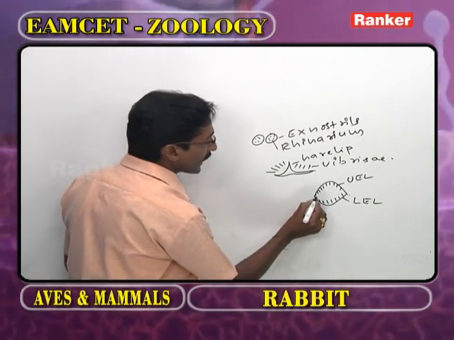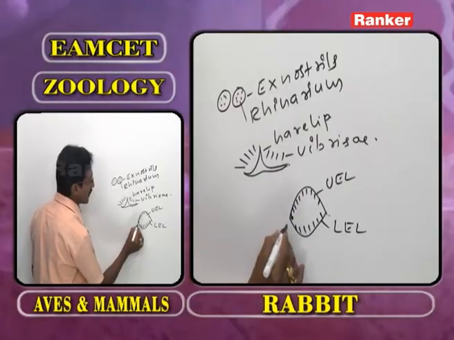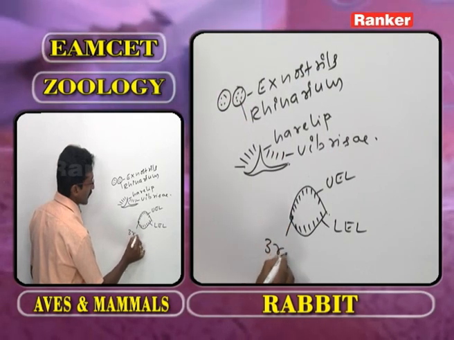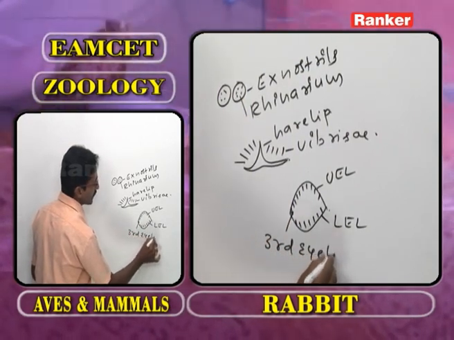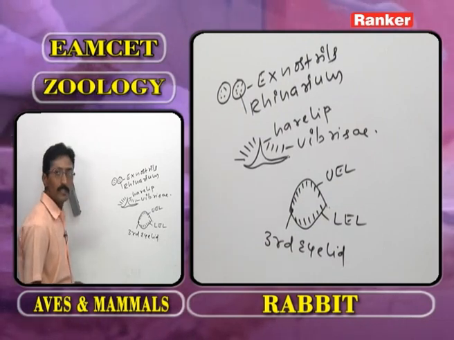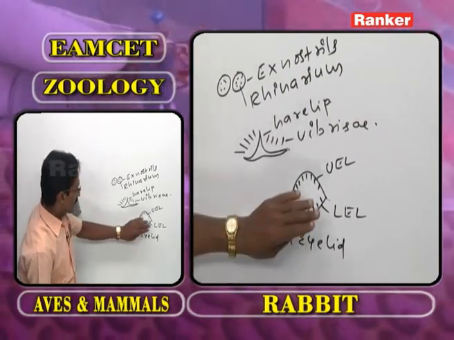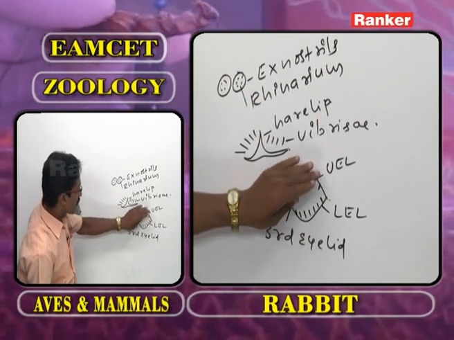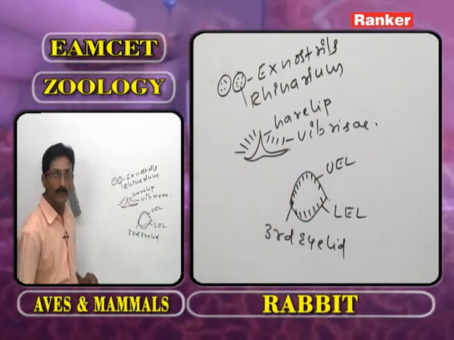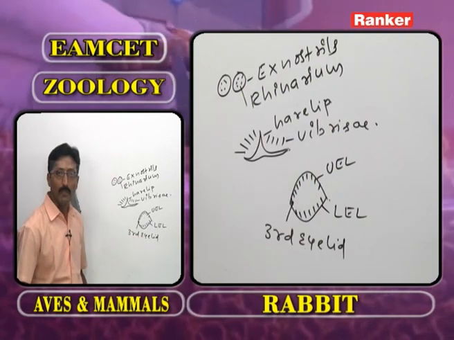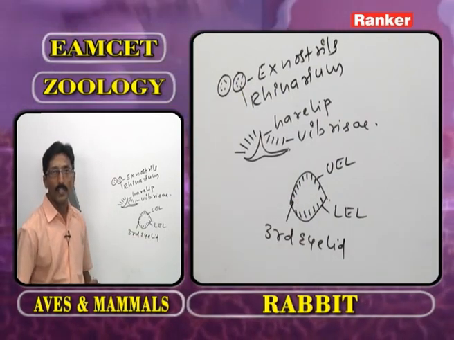Now at the anterior corner, what is present? The third eyelid. The third eyelid does not possess eyelashes. The third eyelid moves forward, backward and protects the eyeball against the dust particles.